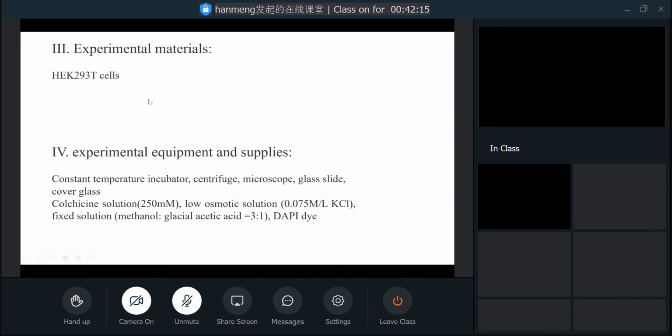The experimental equipment and supplies are a temperature incubator, the centrifuge, microscope, glass slide, and cover glass. The reagents for us are the chromosome, the low osmotic solution, the fixative solution, methanol and glacial acetic acid, and the DAPI.